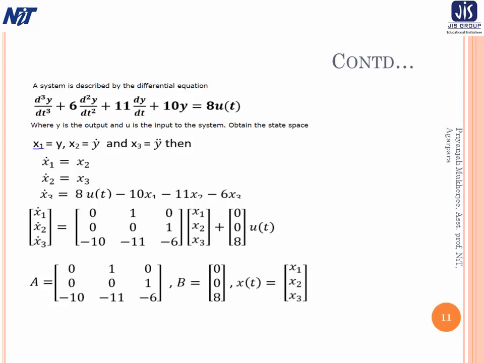Whereas the system matrix is 0, 1, 0; second row is 0, 0, 1; and the final row is minus 10, minus 11 and minus 6, which are actually the coefficients of y, y dot and y double dot. Similarly, B can be found out as 0, 0, 8. 8 is multiplied with u(t), that's why we are getting the B matrix as 0, 0, 8.